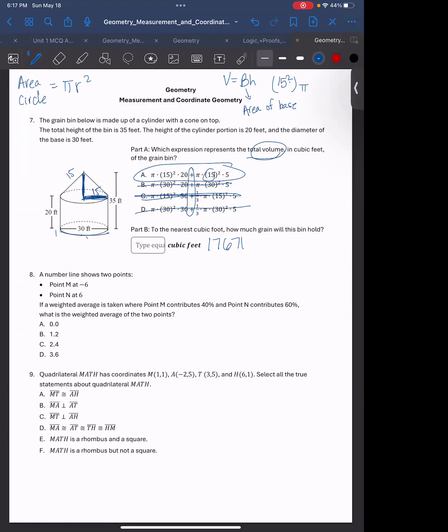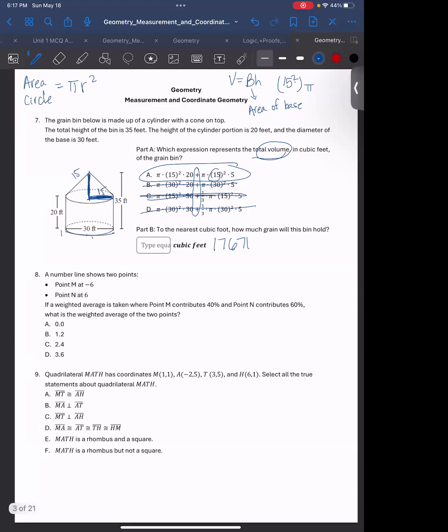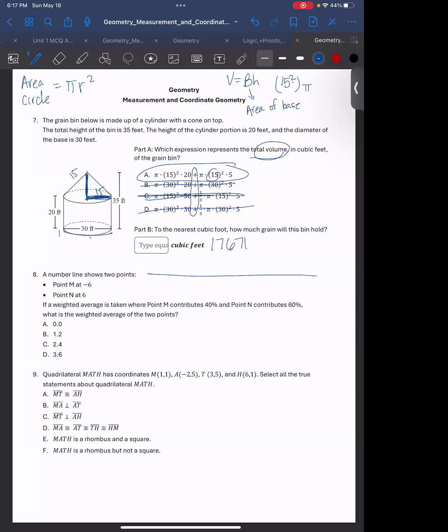All right. A number line shows 2 points. Point M at -6. So I'm gonna draw my little number line. Wait for my visual artist. Here we go. We'll put 0 here. 1, 2, 3, 4, 5, 6. -1, -2, -3, -4, -5, -6.